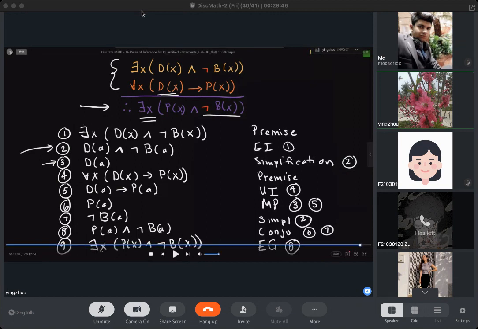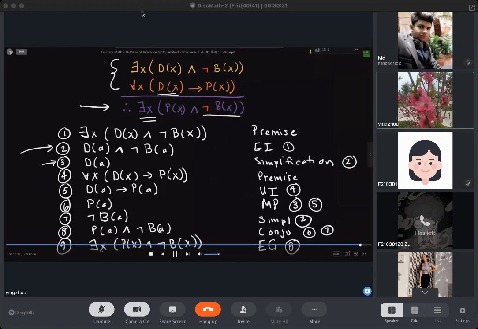First we use existential instantiation, EI, then based on this special element we apply universal instantiation, UI. But if we first apply UI and then EI, it may be wrong, because an arbitrary A may not satisfy the for some X.